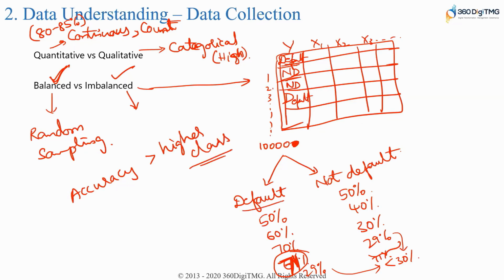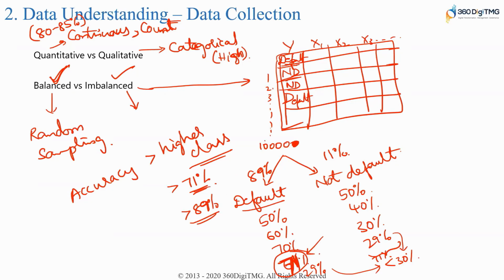Here the class default has 71%, so your accuracy should be greater than 71%. Say you have 89% default and 11% not default. That means your accuracy should be greater than 89%.